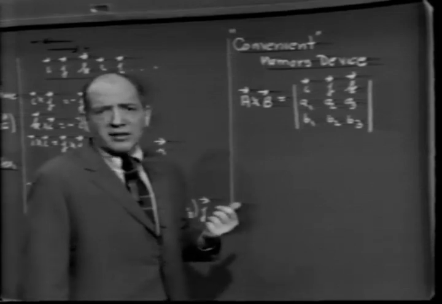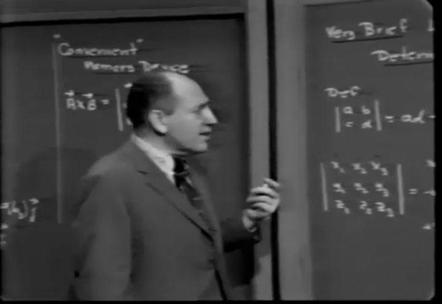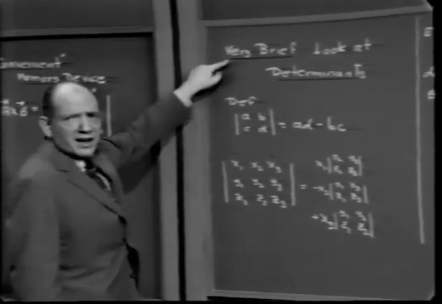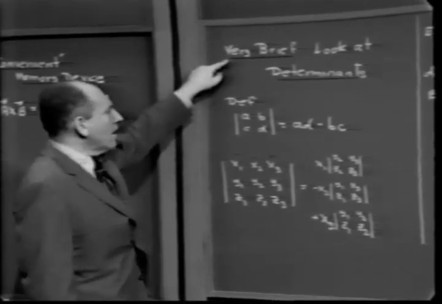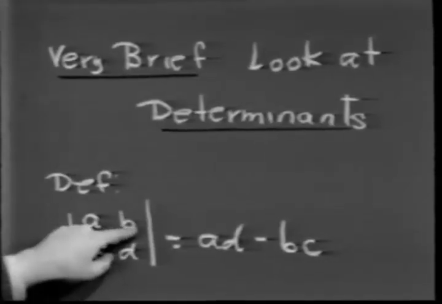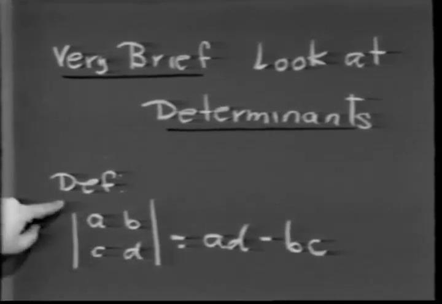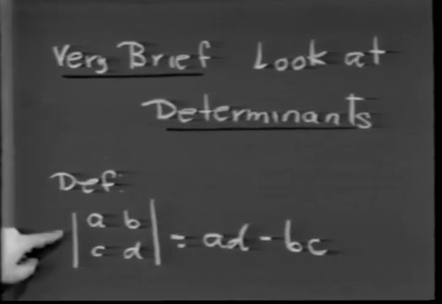So since you may be a little bit rusty on determinants, let me give you a very, very brief review of determinants. In fact, it's not only very brief, it's a pseudo-review because I will give you no logic behind this at all. I'm just going to tell you the recipe. First of all, by a 2-by-2 determinant, you mean a square array of numbers consisting of 2 rows and 2 columns. You use absolute value signs to indicate the determinant.